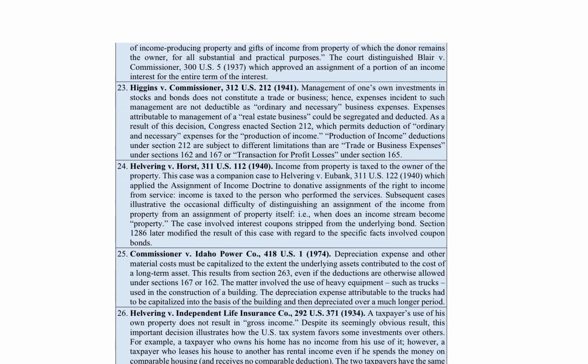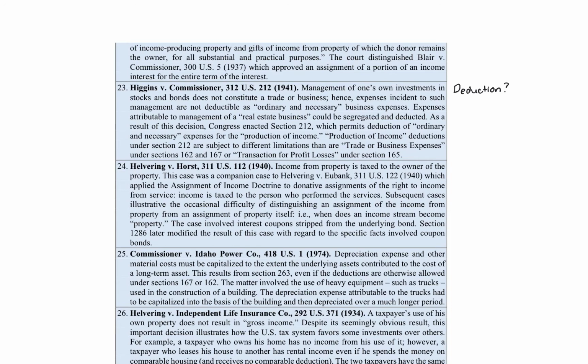Higgins. So Higgins is all about deductions. The deduction question of the 5 questions. So at one time, you weren't able to take investment expenses, or they weren't as easy as they are today, I should say.